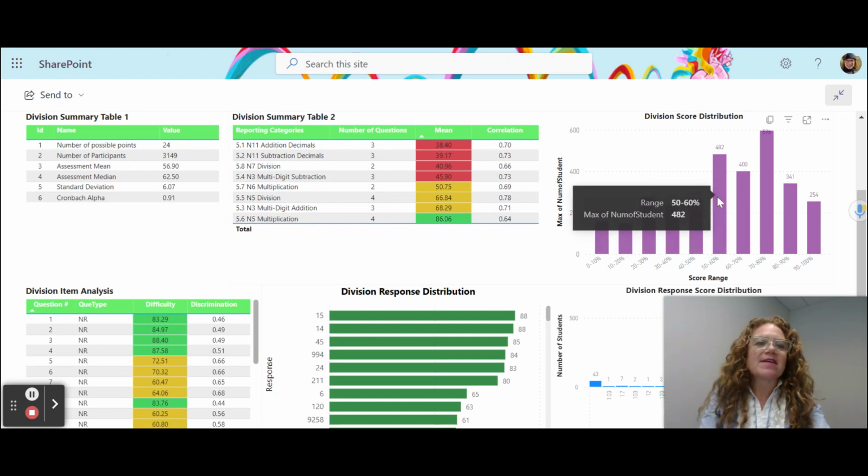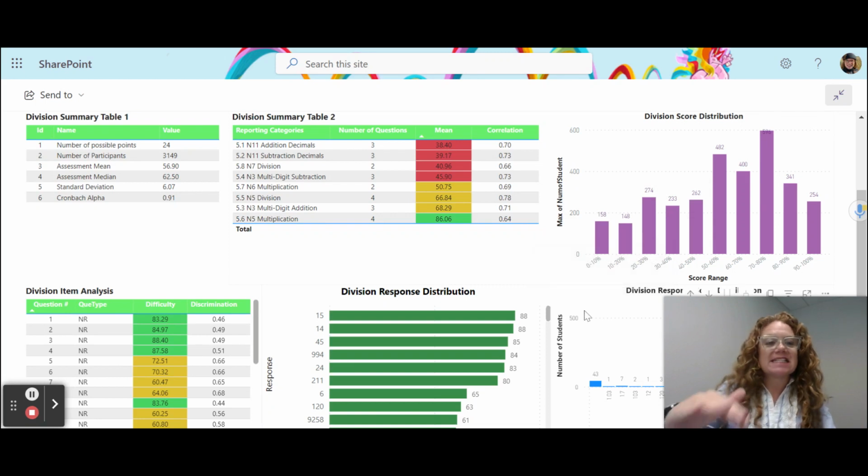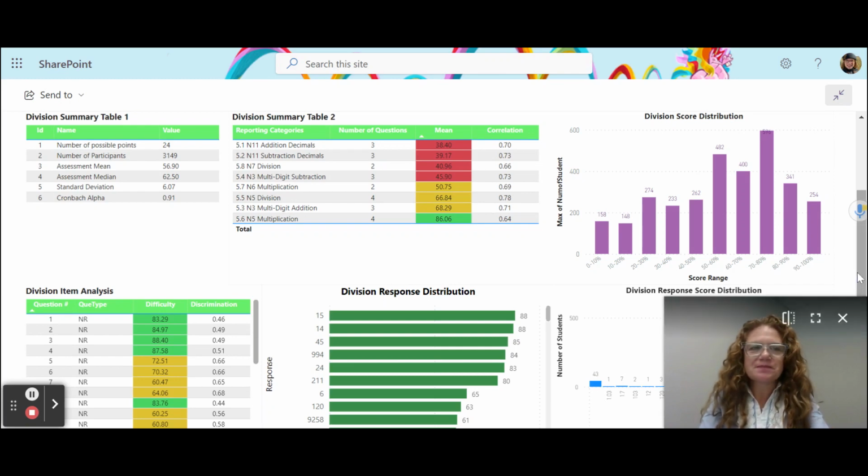I can see that there were 482 students that had a score range of 50 to 60% in our division. This would be applicable for your classroom, grade, and school level as well. So it gives you a rough idea of what that distribution looks like in your school, grade, and classroom.